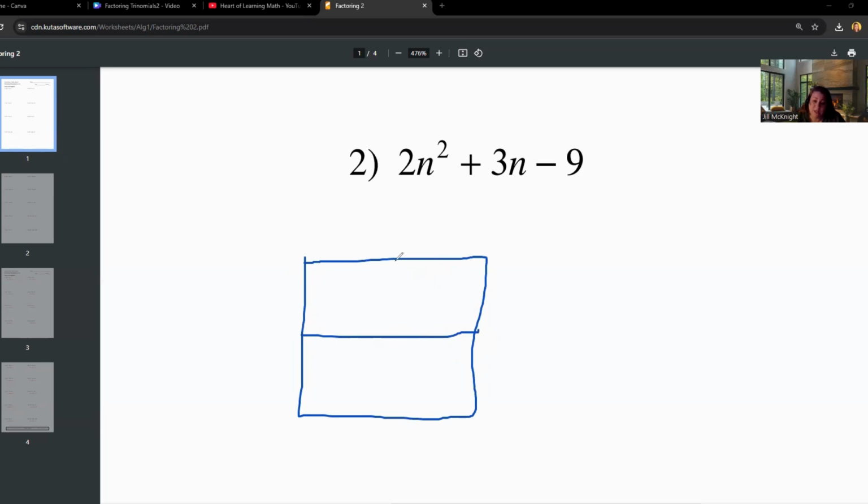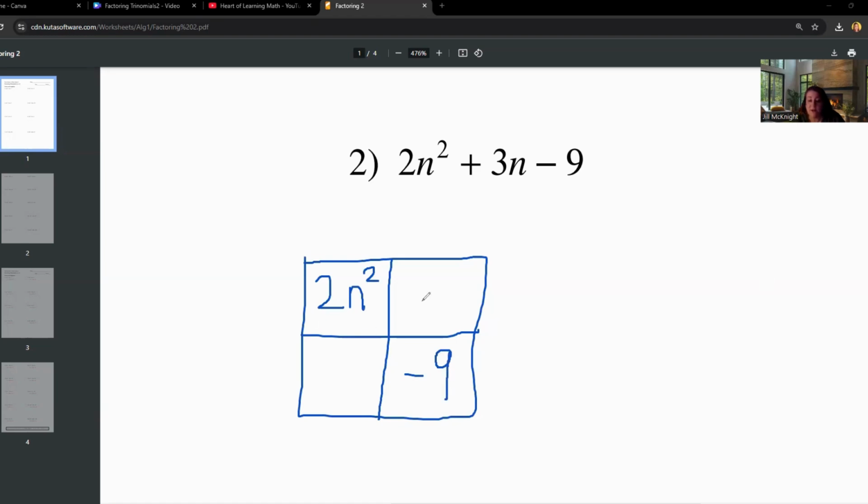And if you did the lesson on multiplying binomials, you're going to recognize this. This is the opposite of what we did there. So what you're going to want to do is put your first term here, 2n squared, and you're going to put your last term here, -9.